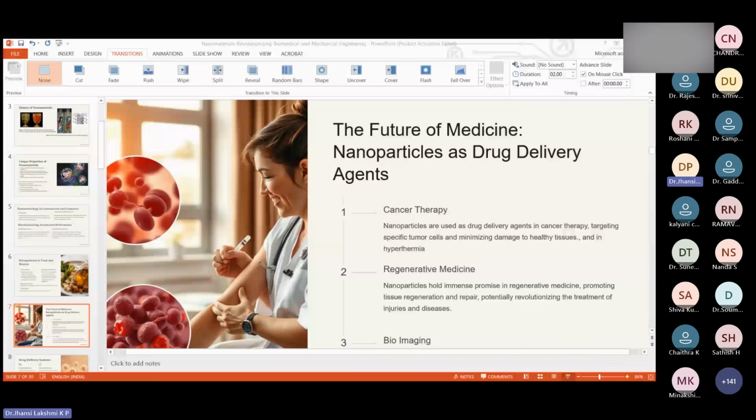Nanomaterials can control the release of drugs over time, ensuring sustained therapeutic levels and minimizing dosage frequency. These nanoparticles can also improve bioavailability, enhancing the absorption and distribution of drugs in the body, increasing their therapeutic effectiveness.